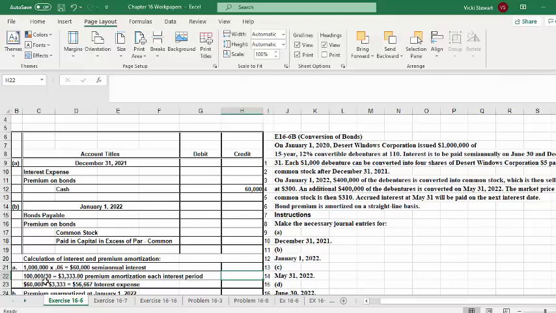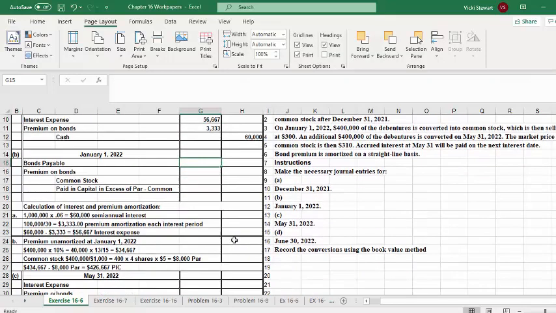We would divide that by 30 and we would get $3,333 of premium amortization each interest payment period. So that would mean that our interest expense would be the difference between these, or $56,667.